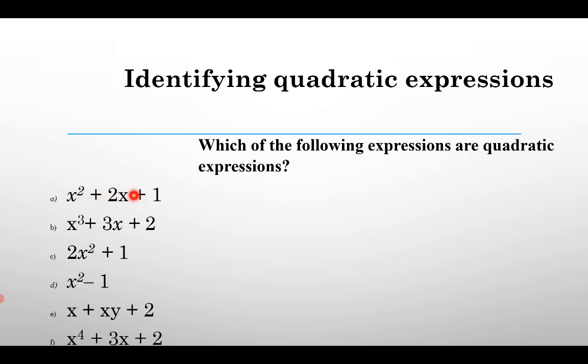Do you think this is quadratic or not quadratic? Let's see, does it have integers? Yes, there's a 1 there, 1x squared. There's a 2 here, and there's a 1.